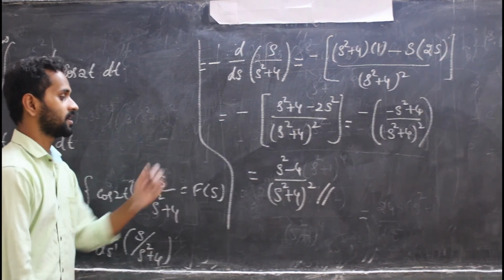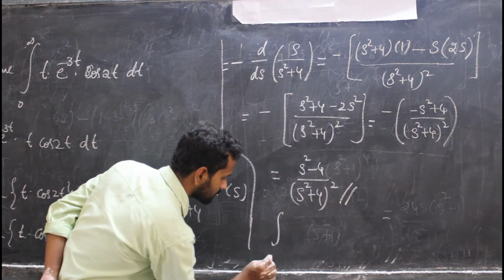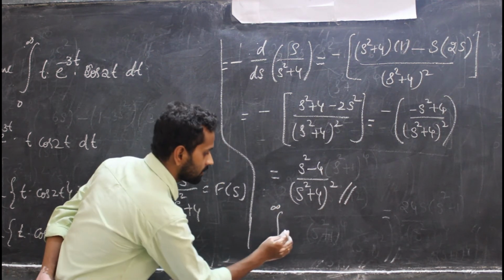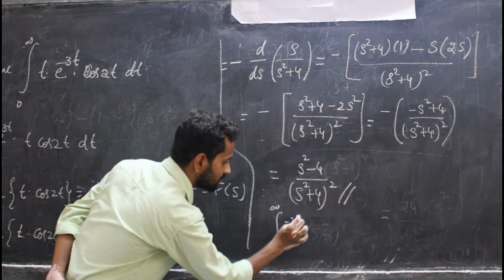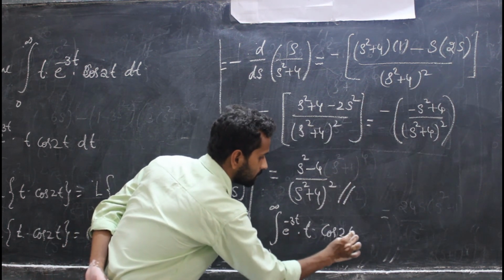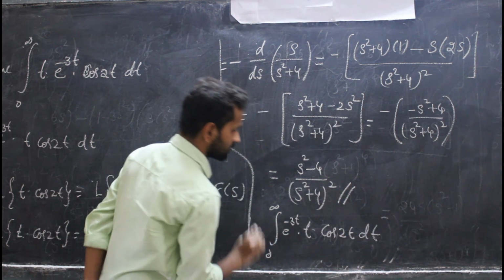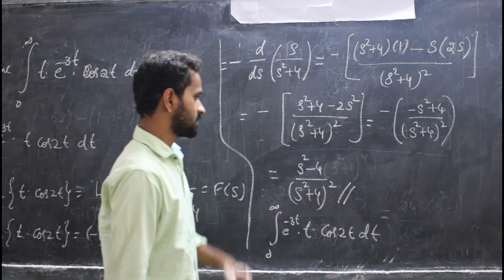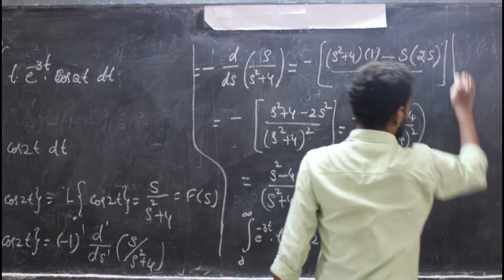Now this I need to take it for integral 0 to infinity e to the power of minus 3t into t into cos 2t into dt. Let me consider this. Now let me take it in the standard form.